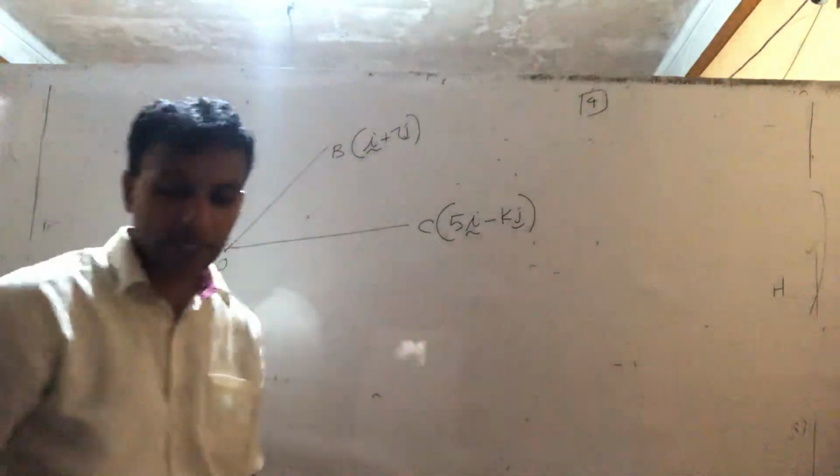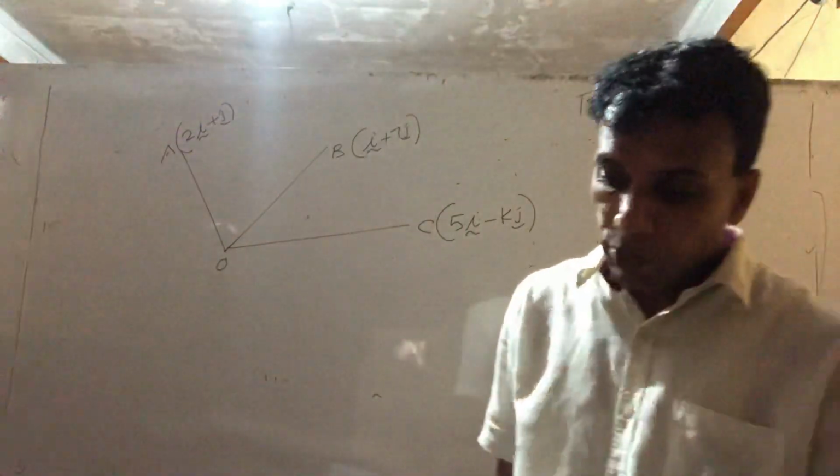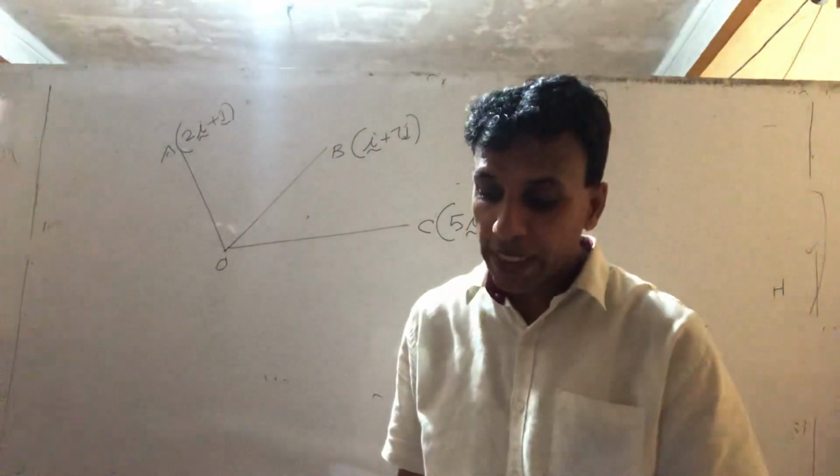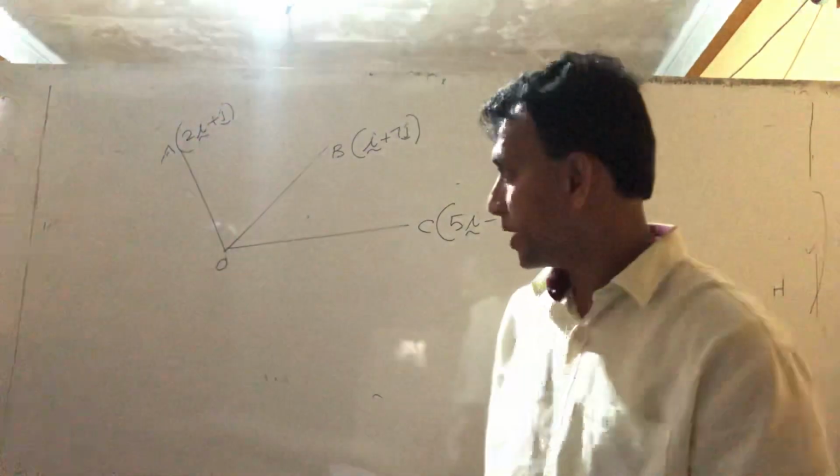The question vectors are given in terms of unit vectors i and j. If the points A, B, C are collinear, find the value of k. We should find the k.